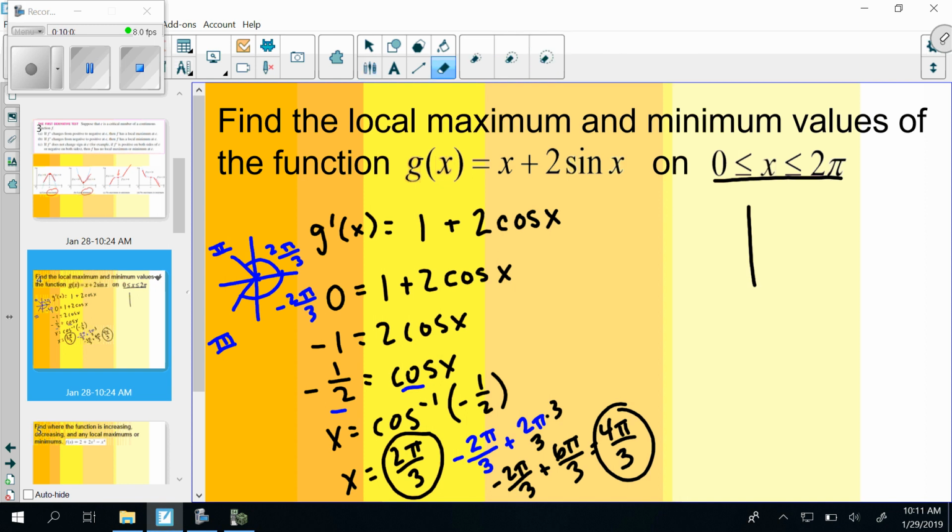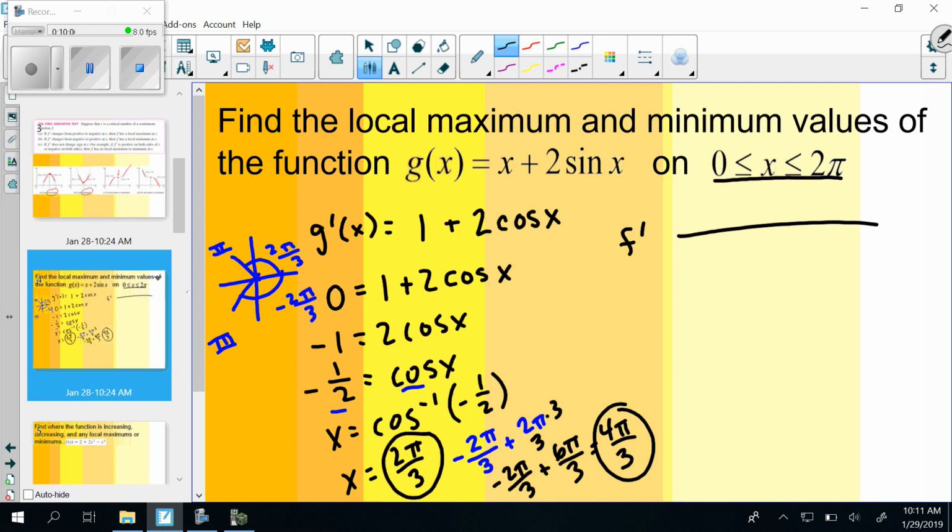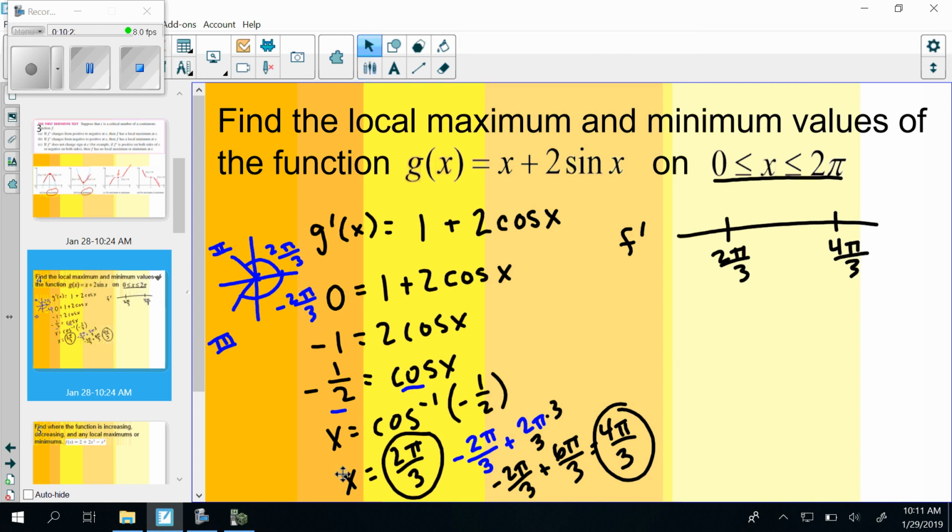So we got our first derivative here. The values we're checking are 2 pi over 3 and 4 pi over 3. So we want to see what's happening in between and outside of those values. A number we could pick that would be less than that would be, say, 0. So what if we put 0 in for our derivative here?